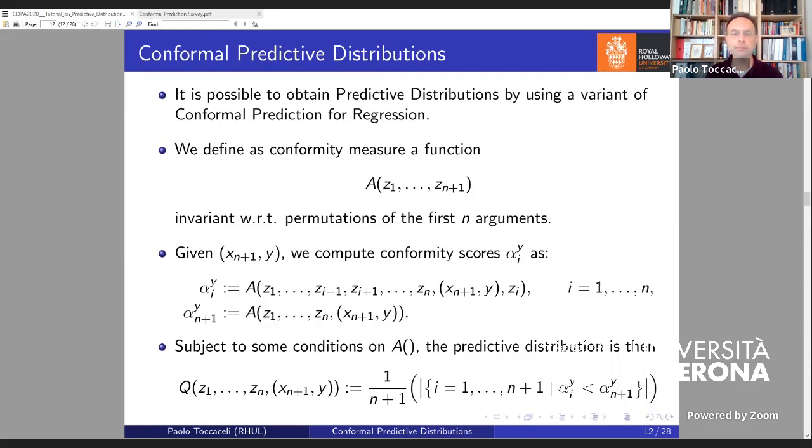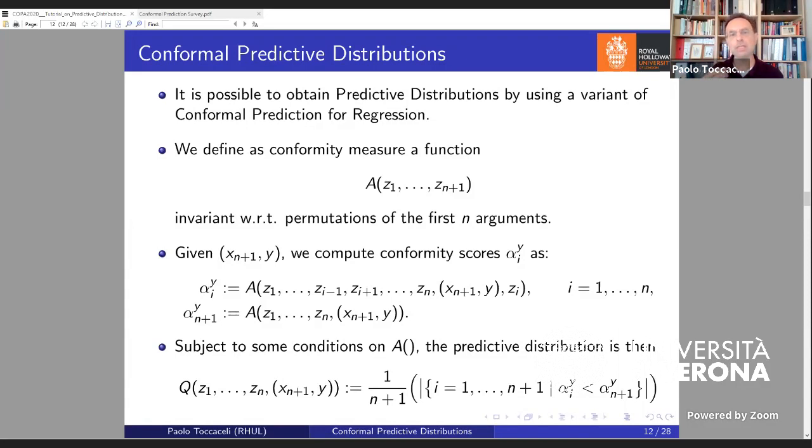Now that you're familiar, based on the previous tutorial, with conformal prediction, I'm going to show something that is pretty similar to transductive conformal prediction, but there are some differences later. Again, the key ingredient is a function that we call conformity measure, which is a function of n+1 observations and is invariant with respect to permutations of the first n arguments.